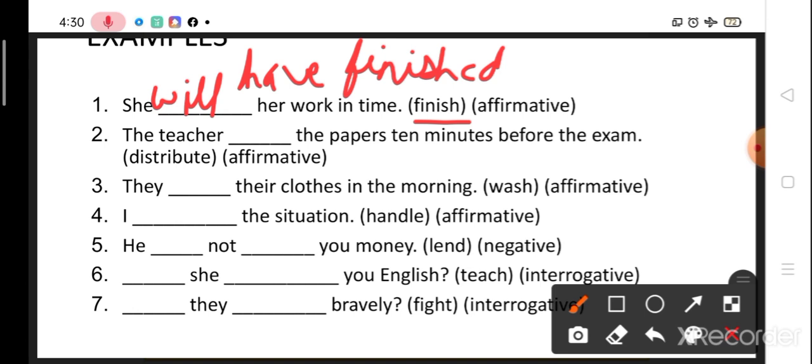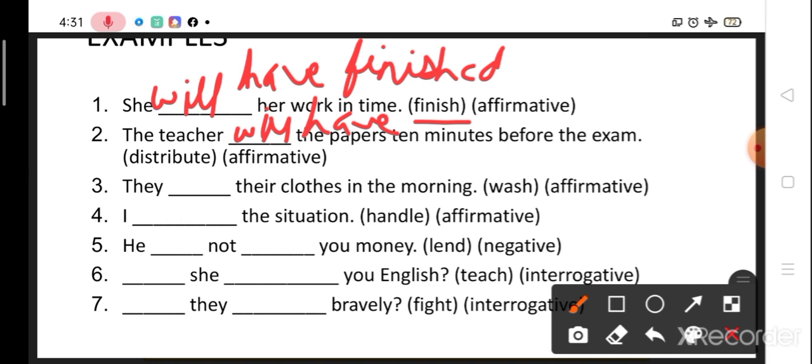The teacher will have distributed the paper. The teacher will have distributed the papers 10 minutes before the exam.